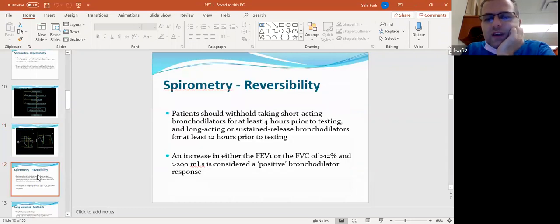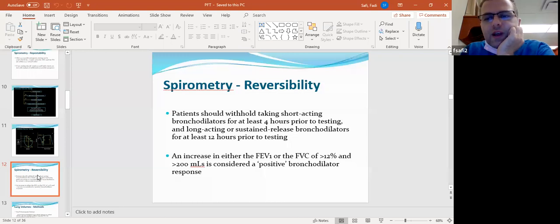Now reversibility. In this case, you give a beta-2 agonist, or albuterol, to the patient, and you look for a 12% improvement. Remember the 12% number. You may be asked about this number in your boards. If a patient has a 12% improvement, then he is positive for bronchodilator response.